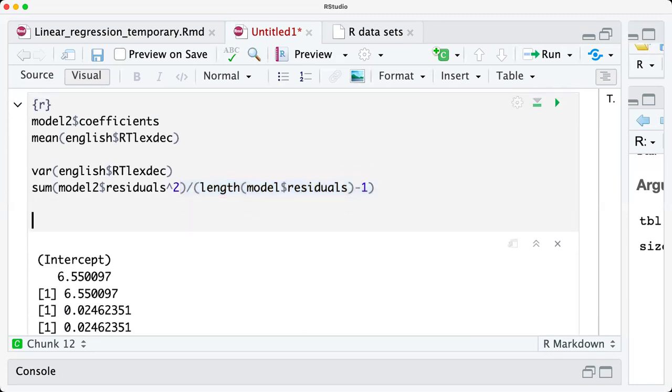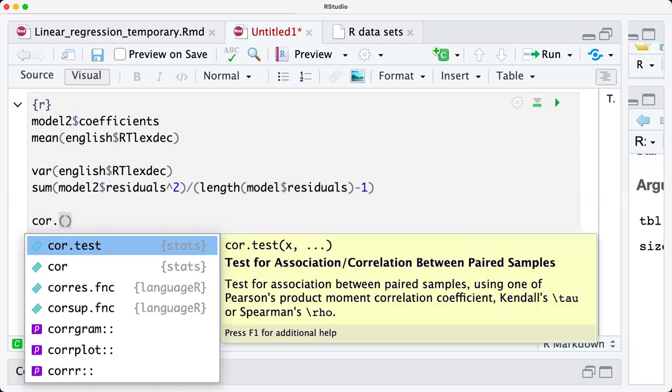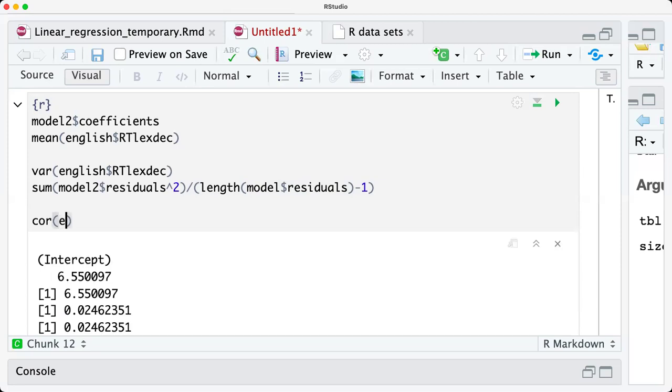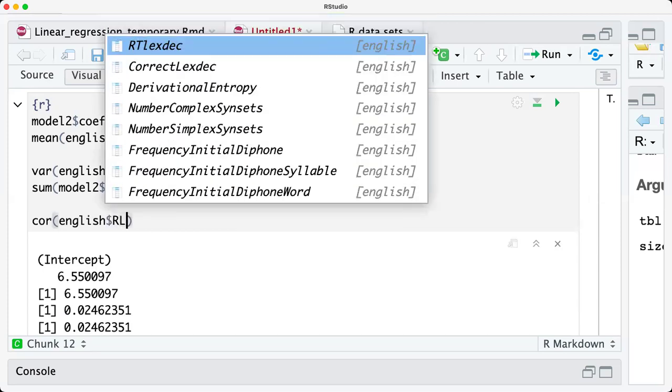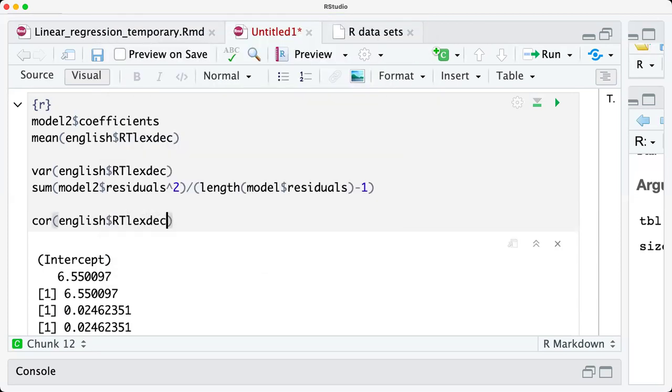And to end this fancy part, the correlation, there is why it is called R squared. Well, we can take the correlation coefficient of this data set, of the first column with the second one.